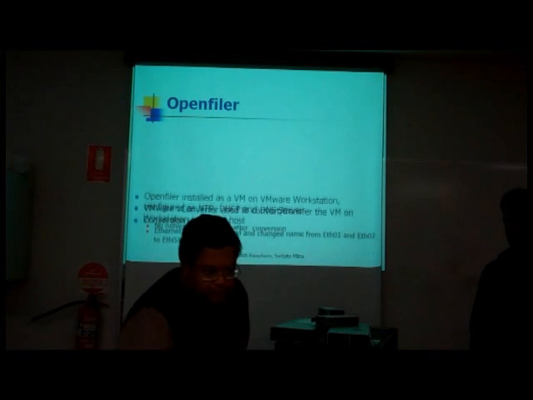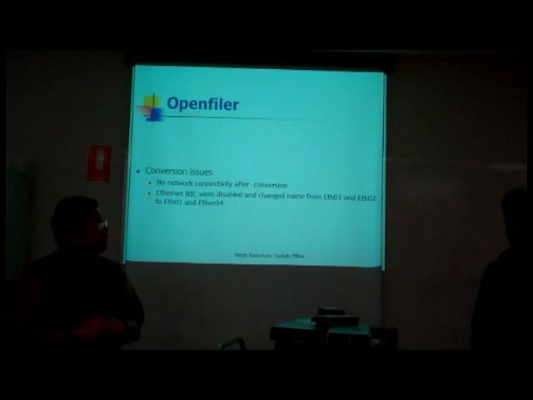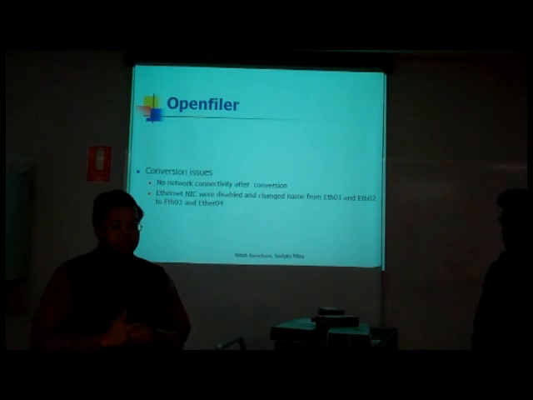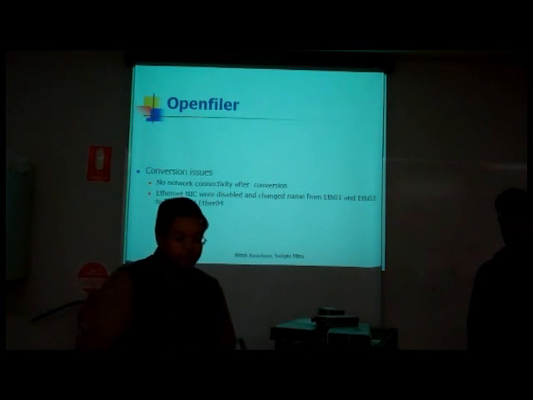Once we did that, we still had some problems. We did not have any network connectivity, and the Ethernet NIC cards changed their names from eth0 and eth1 to eth3 and eth4 respectively.